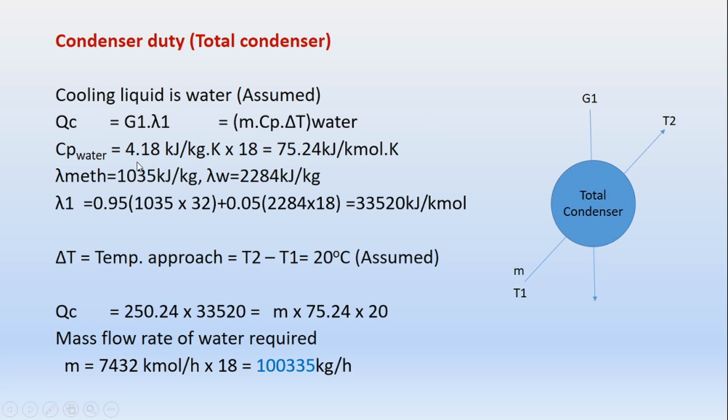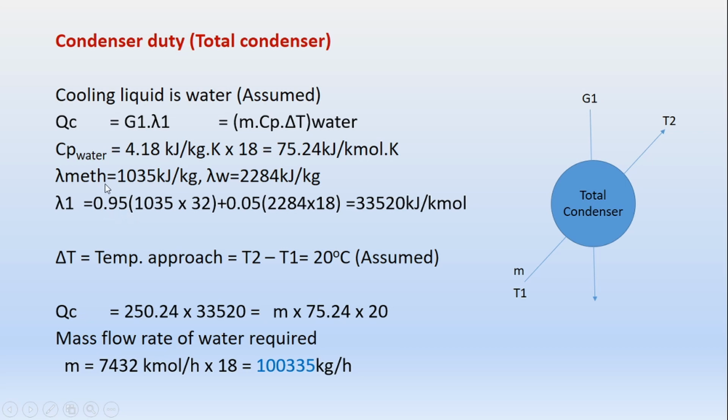Alright, so Cp of water is 4.18 kilojoule per kg Kelvin. So we do it in terms of moles because the G1 value is in moles. So lambda of methanol is 1035 kilojoule per kg. Lambda of water is 2284 kilojoule per kg. So lambda 1 will be the weighted average.